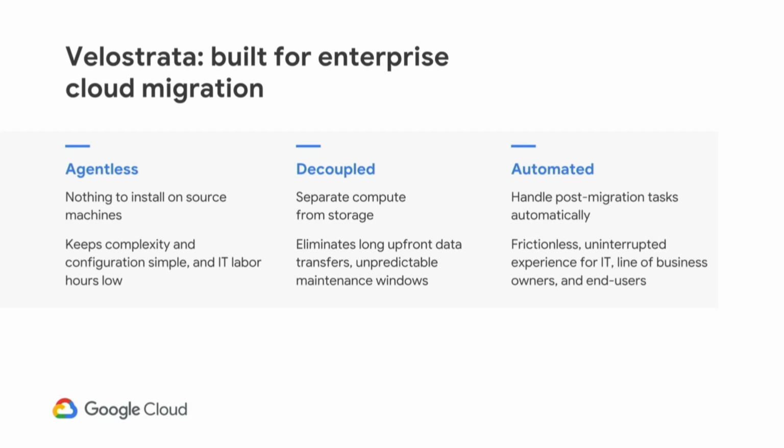Surely with Velostrata you can click and choose what VMs you want using GUIs, but it also provides very advanced capabilities that allow you to fully automate the migration process, then test, and then repeat, and have a much more repeatable and predictable migration strategy.